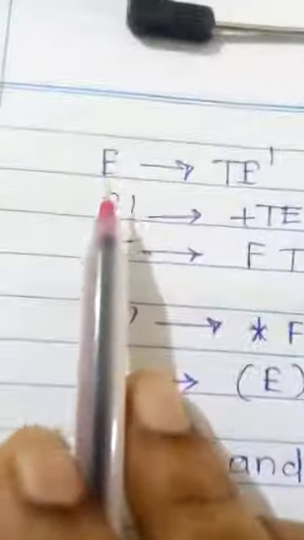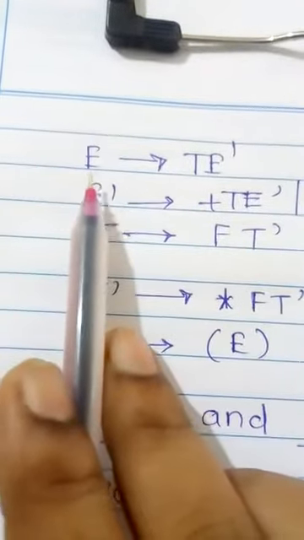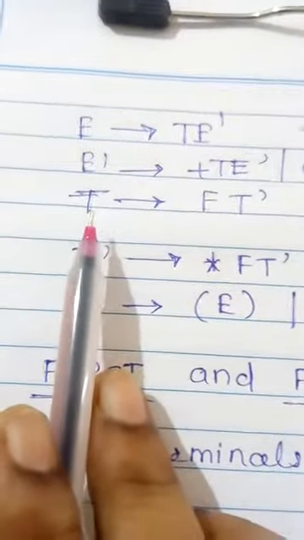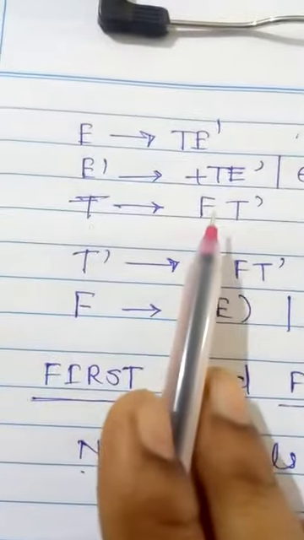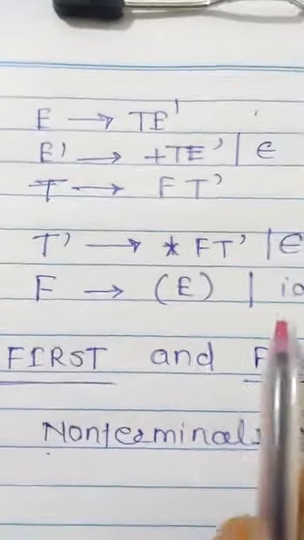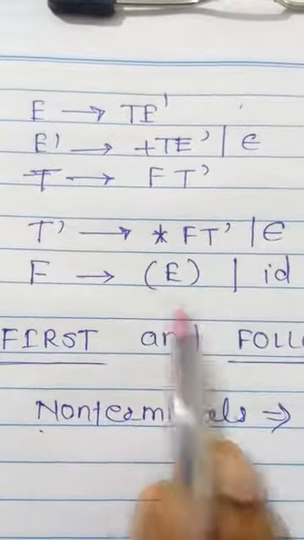Now move to the other one, that E gives you T E bar. So first of E equals first of T. Check for T. First of T will equal first of F. So check for F. Now first of F is equal to opening bracket and ID, which you have already written.